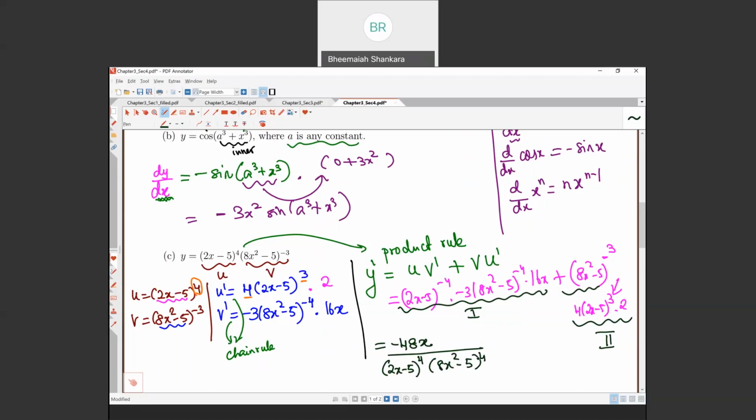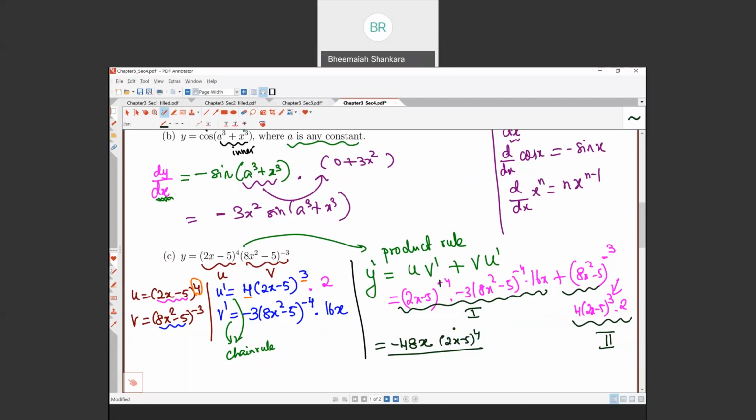Then you have the plug-in for u will be (2x minus 5) to the positive 4. So you'll not be able to bring this down, but rather you want to keep the positive exponents in the numerator. So let's write this as (2x minus 5) to the positive 4.